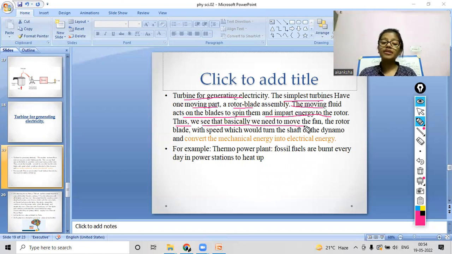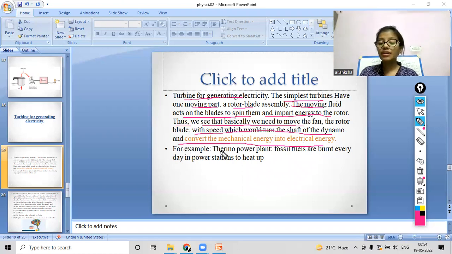The rotor blade with speed would turn the shaft of the dynamo and convert the mechanical energy into electrical energy, right? So what energy was converting into what now? Mechanical energy is getting converted into electrical energy. Okay, now let's see some more details.